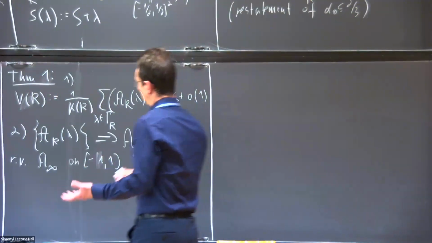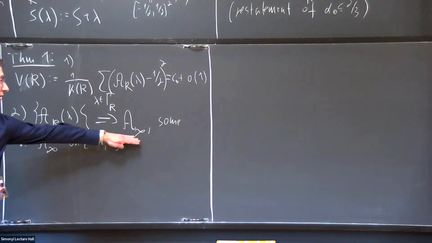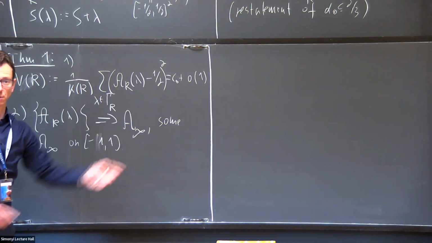And in particular, this random variable has variance C naught.